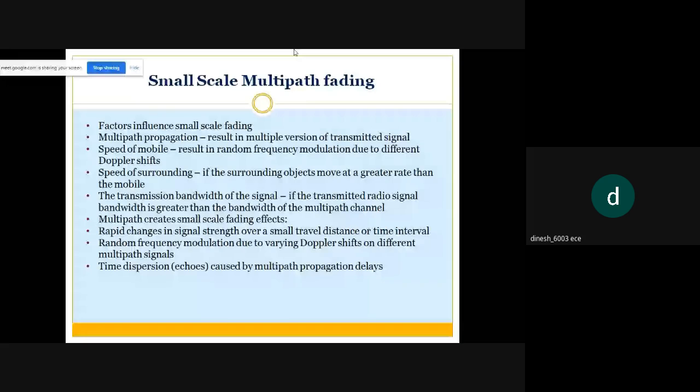And the next factor that influences is the transmission bandwidth of the signal. If the transmission bandwidth is greater than the bandwidth of the multipath channel, then small scale fading may occur. The bandwidth of the signal plays a major role in small scale fading.